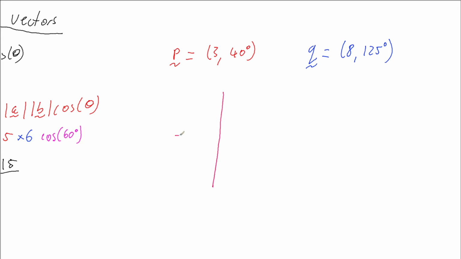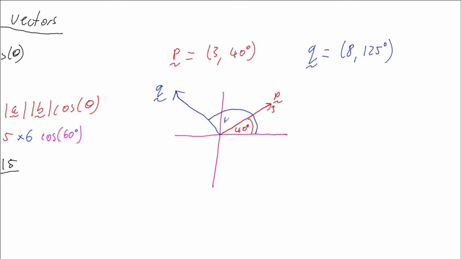On the Cartesian plane, P is at the angle 40 degrees, so it's going to be something like that. That's vector P, which is magnitude 3 and angle 40 degrees. Q is the vector at 125 degrees, so it's over here, slightly straighter than that wonky line.